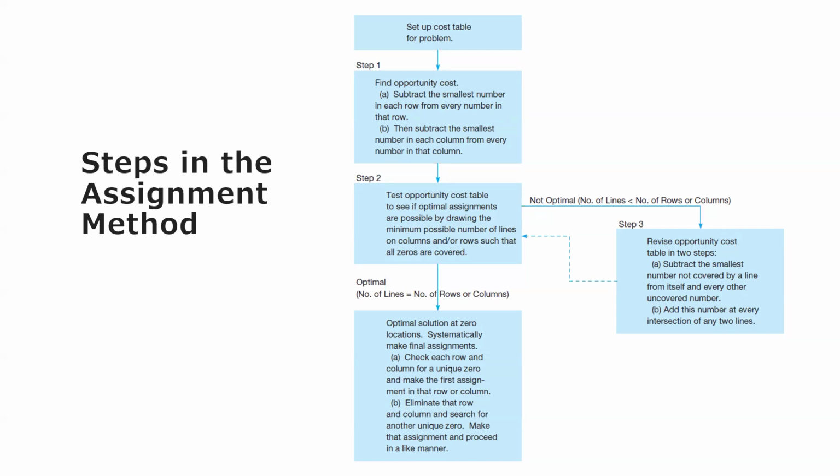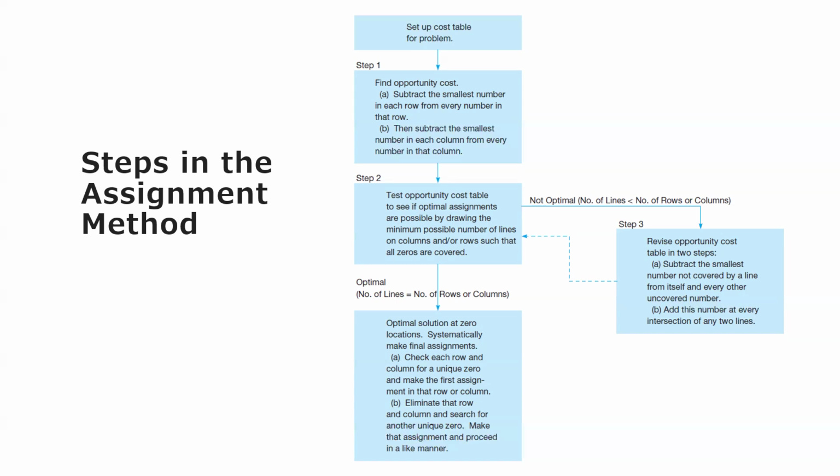Then the first step: find the opportunity cost by subtracting the smallest number in each row from every number in that row. In the table we have many rows, so we subtract the smallest number of the row from the values of the row.